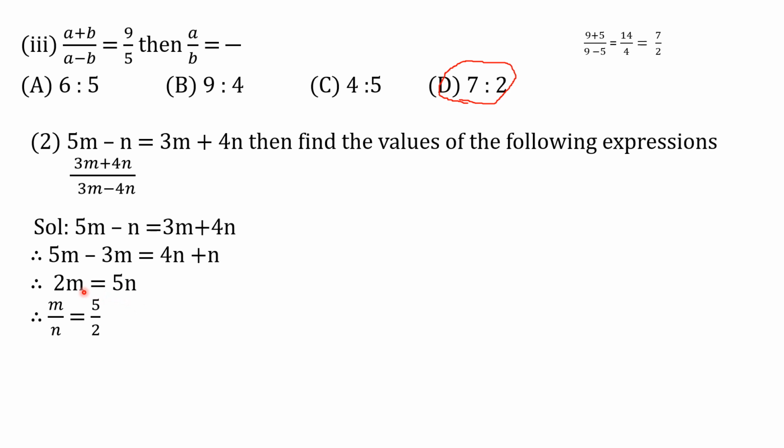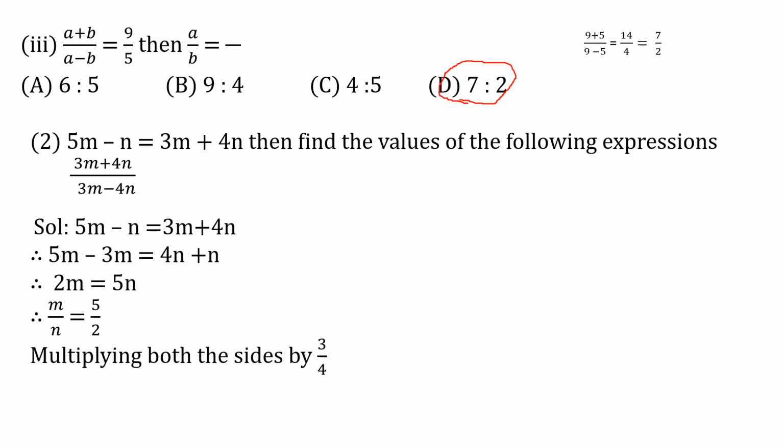Now using this value, that is m upon n equal to 5 upon 2, we'll find the value for the expression 3m plus 4n upon 3m minus 4n. Now students, you can see with m the coefficient is 3 and with n the coefficient is 4. So we'll multiply this m upon n with 3 upon 4.